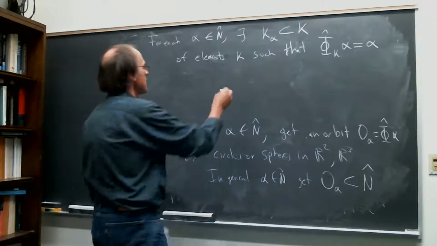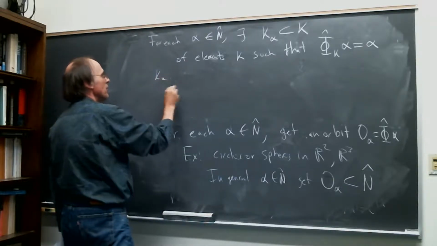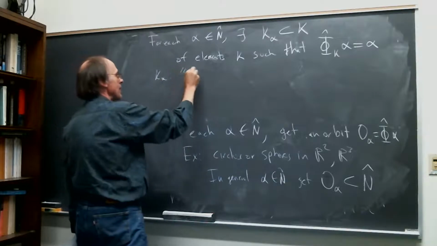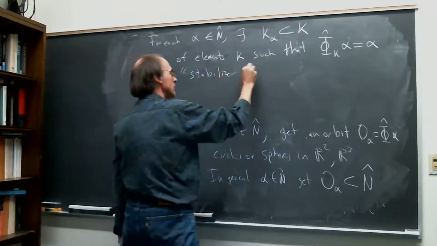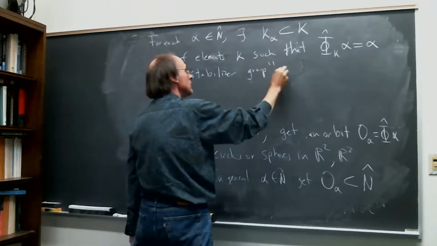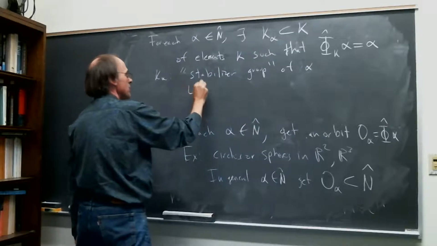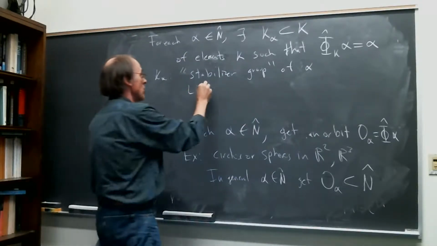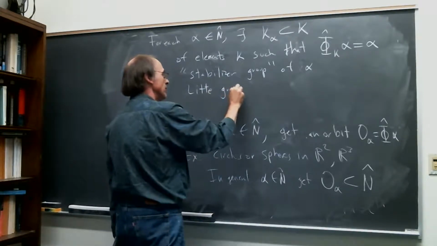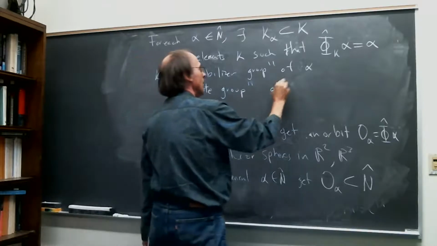And this K alpha is called the stabilizer group of alpha, or there's also another standard terminology in physics, it's called the little group of alpha.